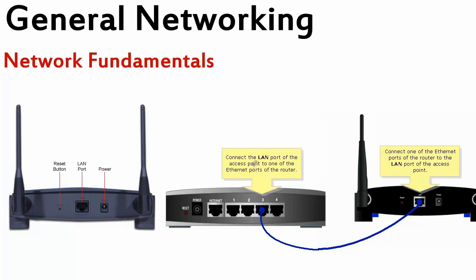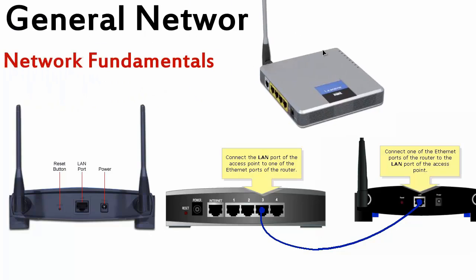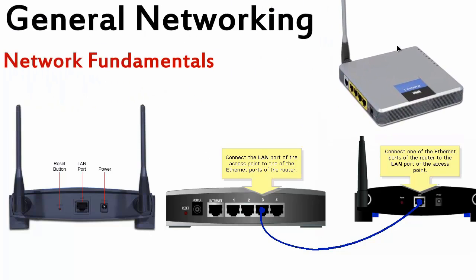Now an additional question. Is it possible to use a router with a built-in access point, or what we call a wireless router, and connect it like that? And the answer is yes, of course, you can do that. You can take a router, I just found one, it doesn't really matter. You take a router like that, then you grab a cable, and let me just get rid of that one, and you connect it like that.